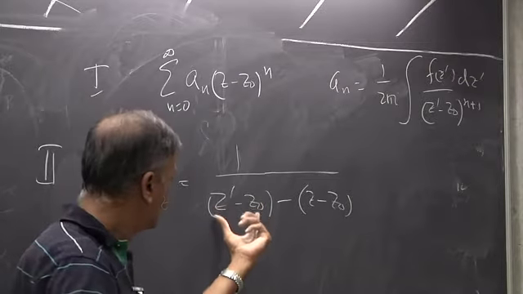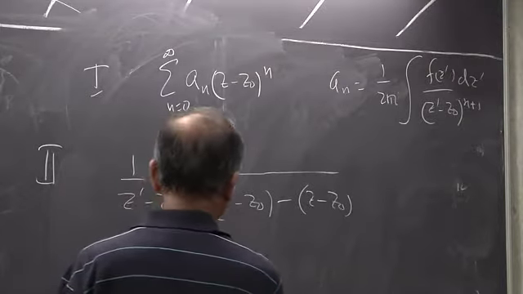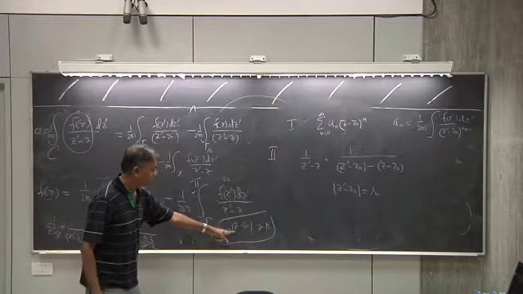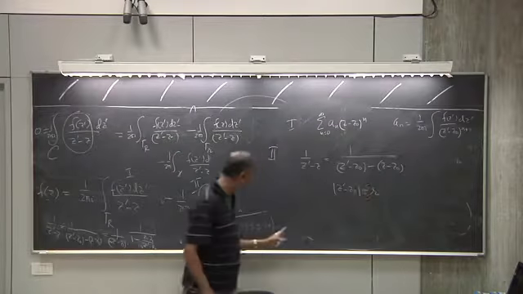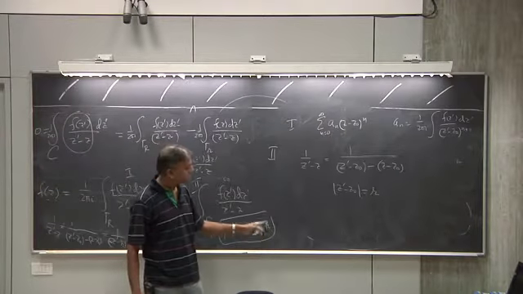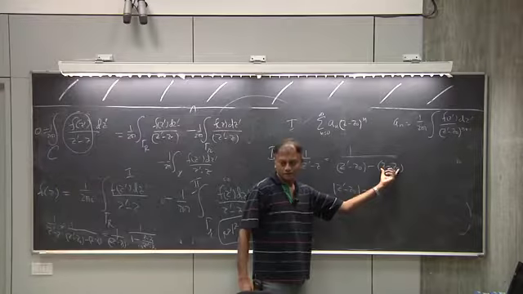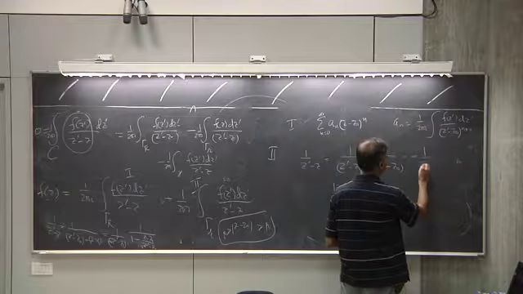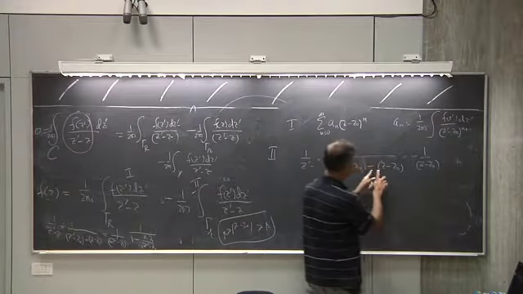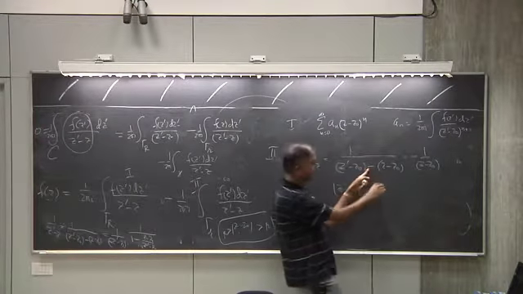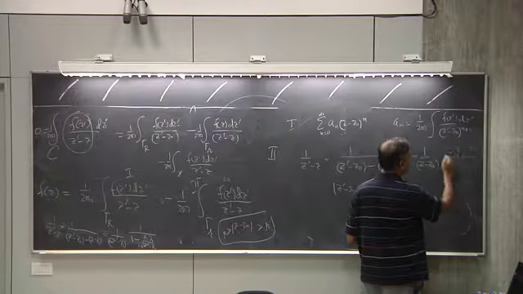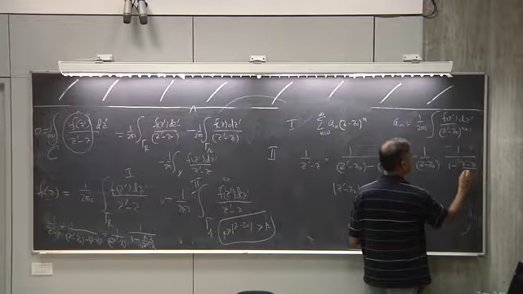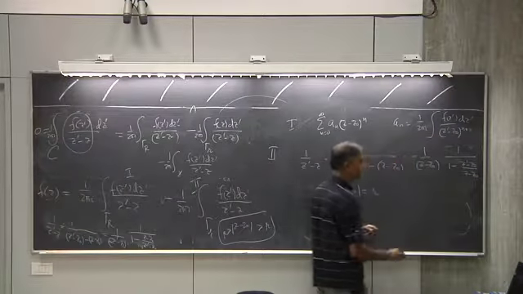So here the absolute value of z prime minus z naught is equal to small r, and the length of z minus z naught is bigger than small r. So this time I should take this as a common factor out. So this becomes minus 1 over z minus z naught, minus because I take this out, and what is left over is 1 divided by 1 minus z prime minus z naught divided by z minus z naught.